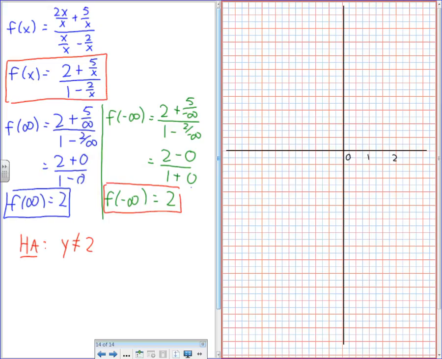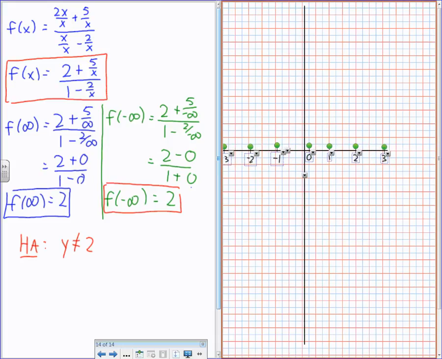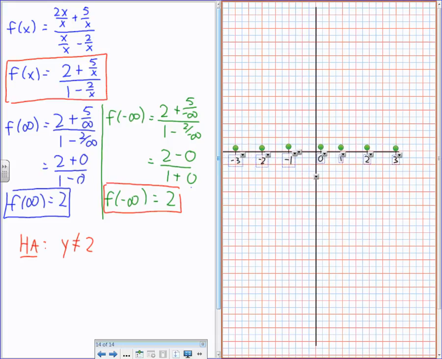I'll do my asymptotes first, which is +2 for both of them, which is nice. +2 goes there, and +2 goes there.